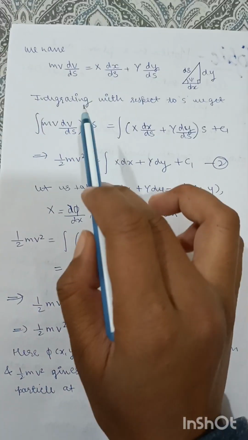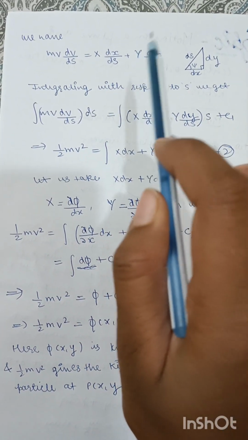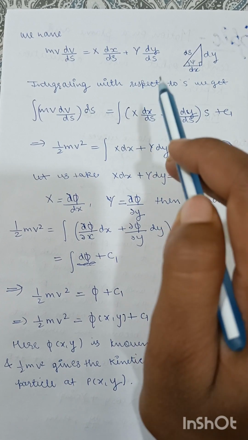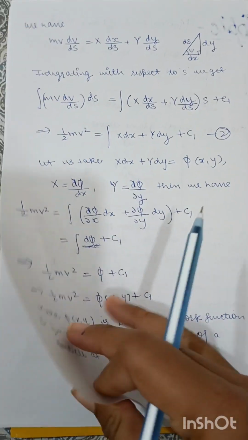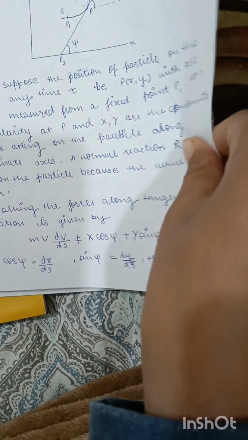Then we have mv dv/ds equals X dx/ds plus Y dy/ds.